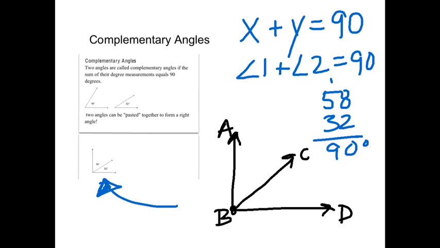We have 2 rays here, ray BA and ray BC, making an angle. I'm just going to tell you that it is a 90-degree angle. So I'm going to write this here: angle ABC equals 90 degrees. I'm not going to put the symbol in there right now, just because it will get in the way of another ray that I'm going to put out here. So let's get a different color.